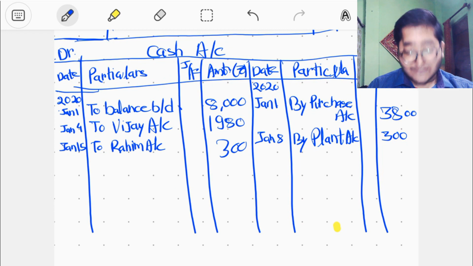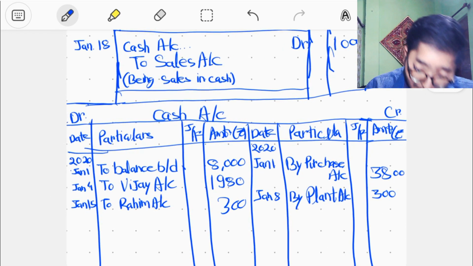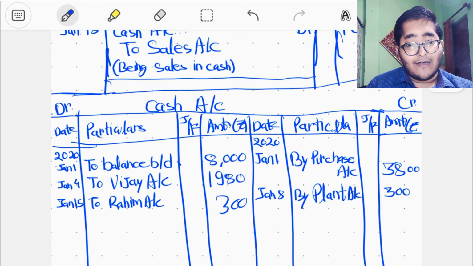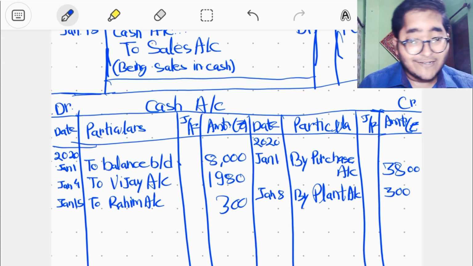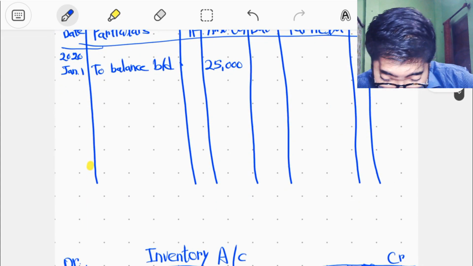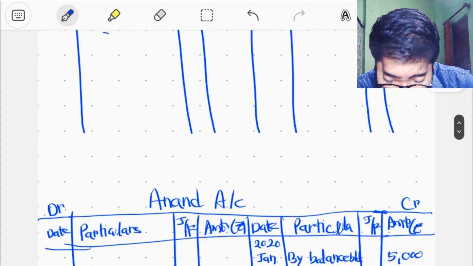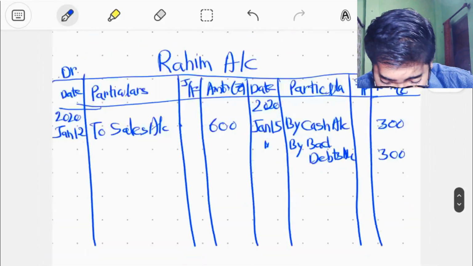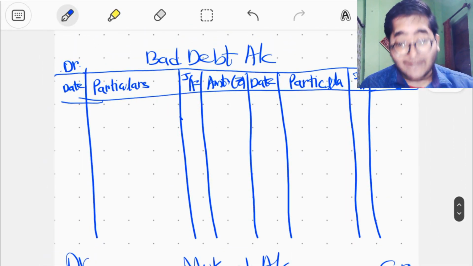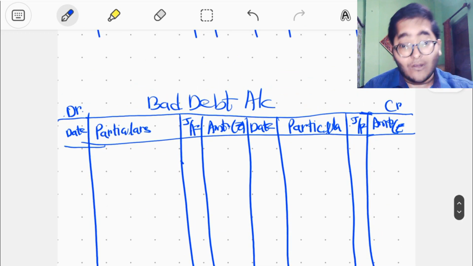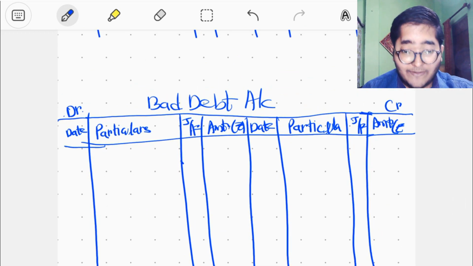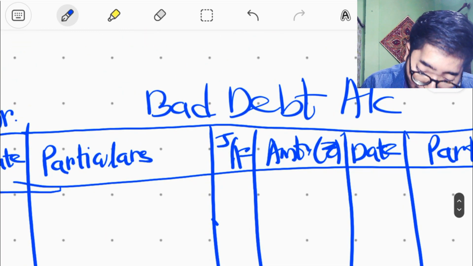I hope it's clear. It's clear as a crystal. So now what account? Bad debts account will be affected. Bad debt is a loss, so it should be debited. Bad debt account debit.